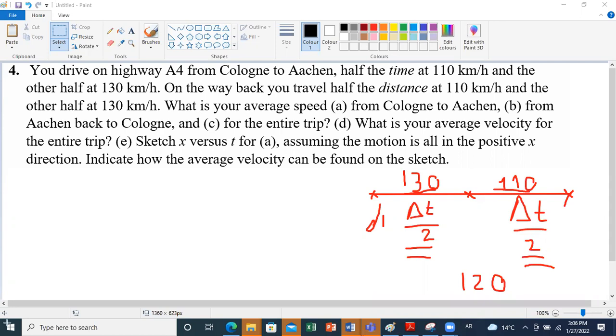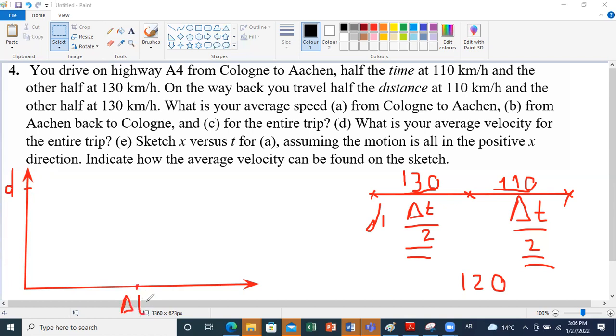First, I do a graph. I know that the maximum distance that I will reach is d, and I will reach this d for a total time delta t, and I know the value of the total time.